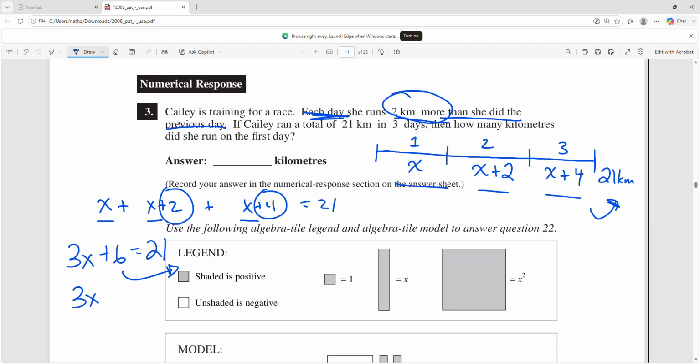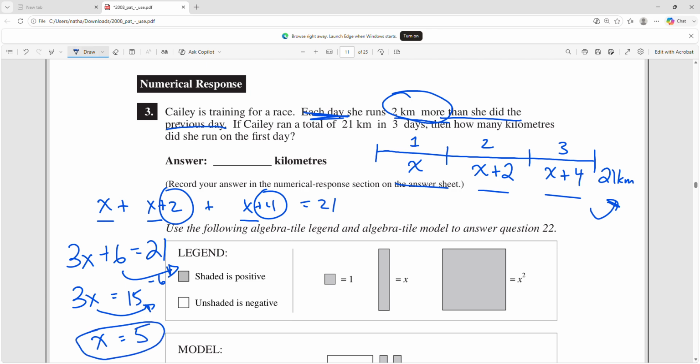Since it's plus 6, I'm going to subtract it from this side. So it's 21 minus 6. 21 minus 6 is 15. And then I'm going to get rid of this by dividing. So divide by 3. We're going to get 15 divided by 3, which is 5.